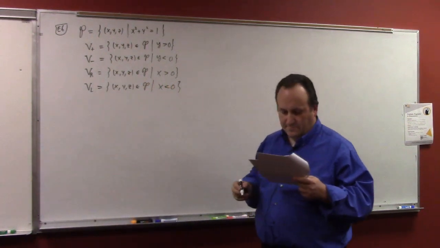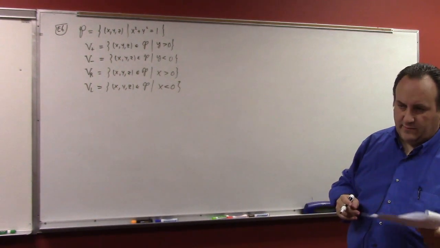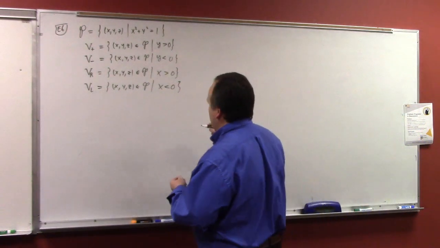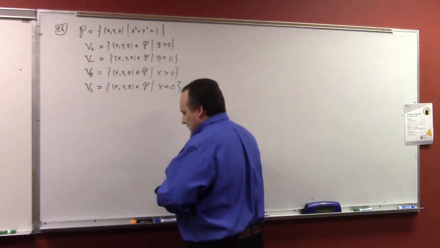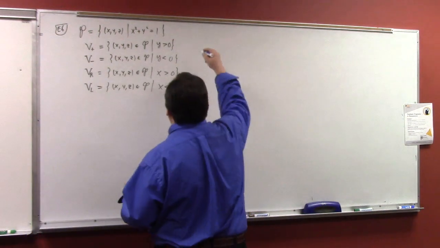Now the difference here is that we're in three-dimensional space, right? And so what we're going to do, it's pretty simple. We're just going to let the z ride along. And we're going to use exactly what we just did for the circle to construct coordinate charts here.